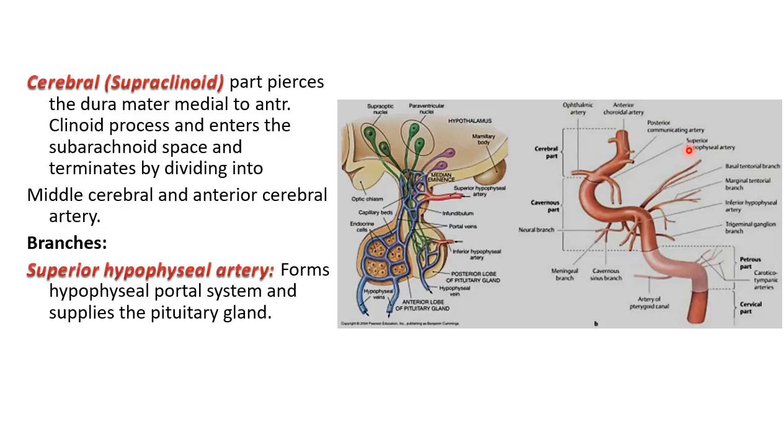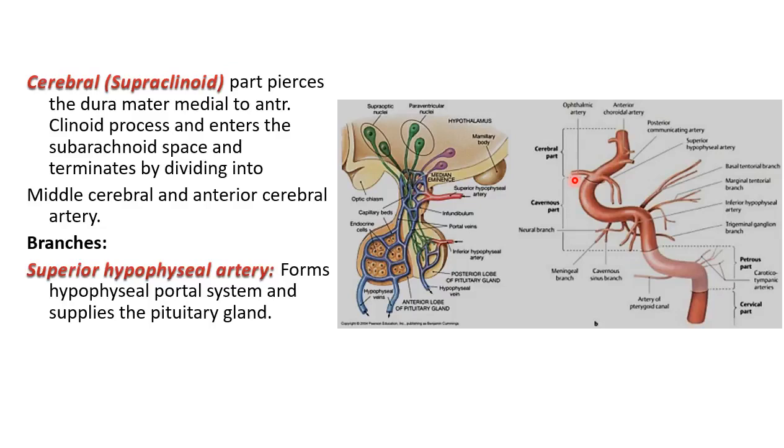Then one more branch which you are able to see here is the ophthalmic artery. The ophthalmic artery, again in detail we have discussed in the orbit. Mainly it supplies the structures in the orbit. And of course it gives a very important artery, the central artery of the retina, which travels along with the optic nerve and supplies mainly the posterior 3/4 layers of the retina.